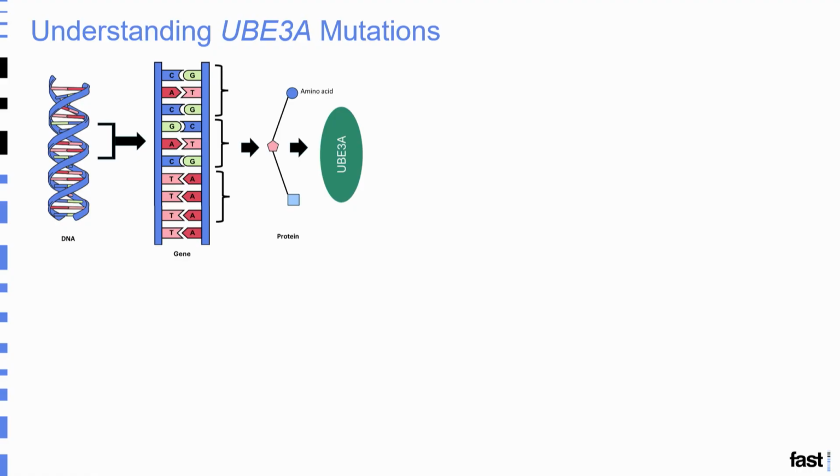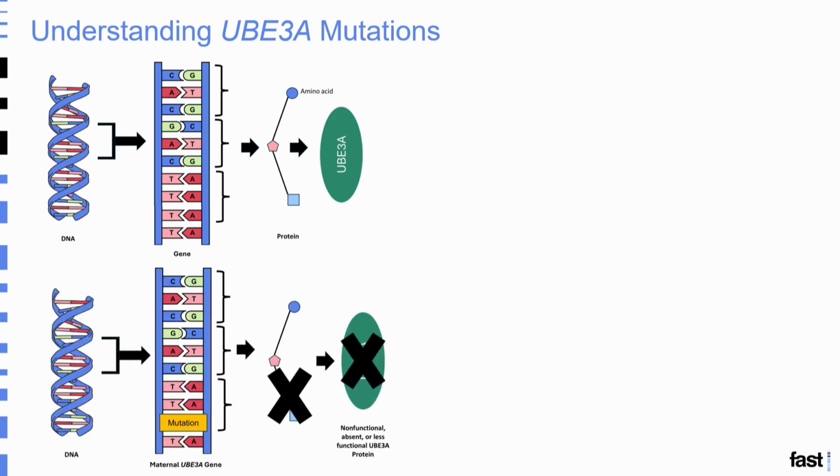The cells read the gene, make the string of amino acids from the code of the gene, and that string of amino acids goes through complex folding and processing to make the functional UBE3A protein. That's shown there as the green blob. So when we have a mutation in the UBE3A gene, there's a change within the code, within those chemicals that make up the gene, that makes the resulting protein either absent or non-functional or less functional.